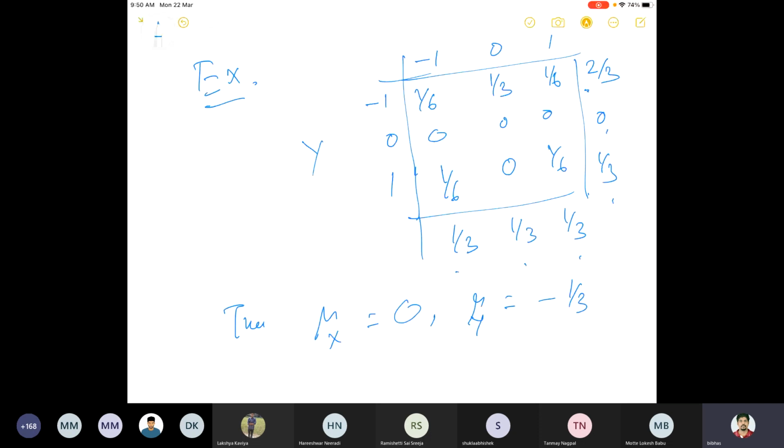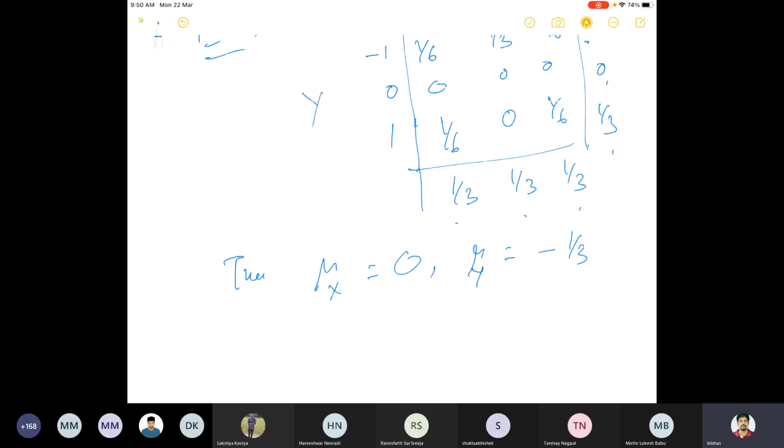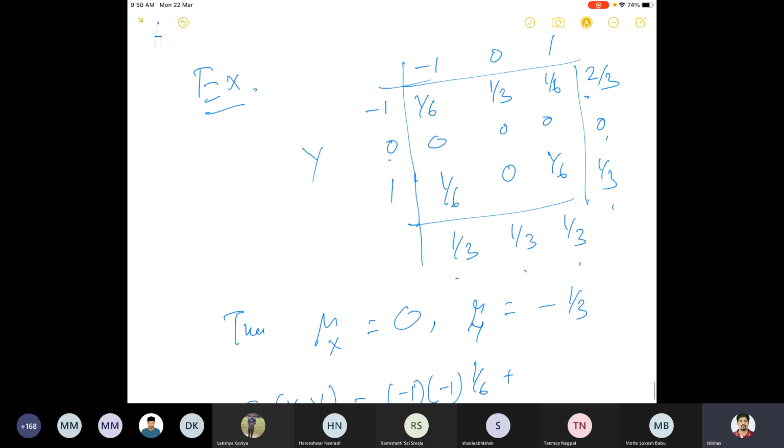And then covariance. So expectation of xy, I need to calculate this also. So this is minus 1 times minus 1 times 1 by 6, plus the zero terms, which I will not calculate.